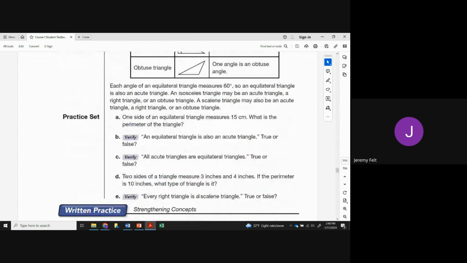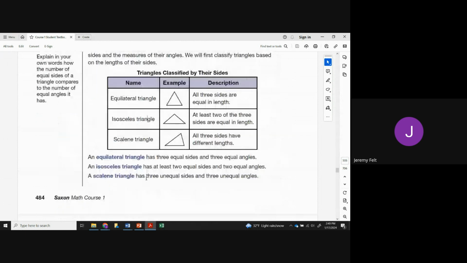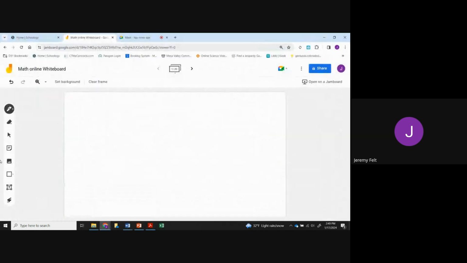Okay, and we'll look at how we can classify these in the practice set, but really, so if we have, we'll just do our own little, let's say we have this, these two sides are the same. We usually use tick marks or something like that.